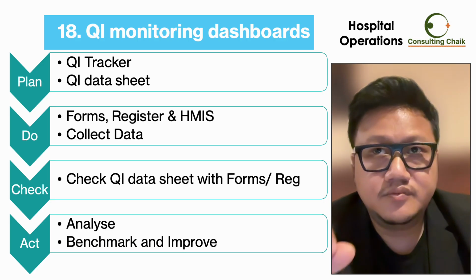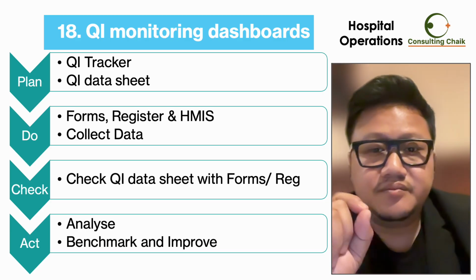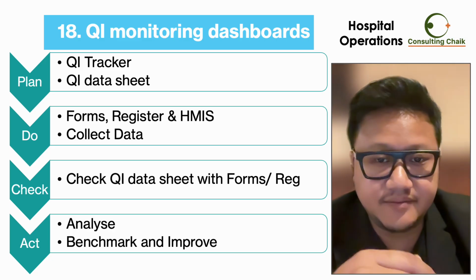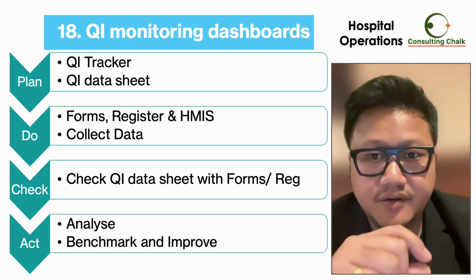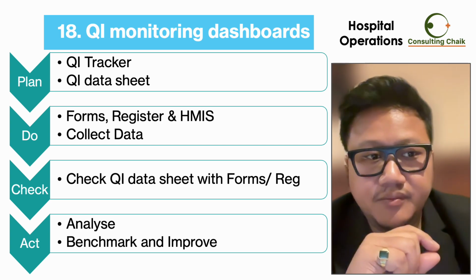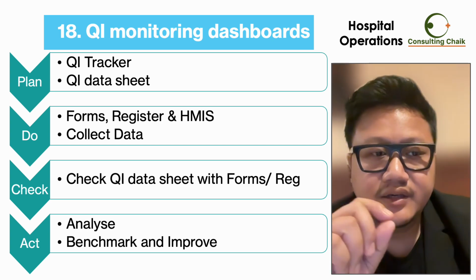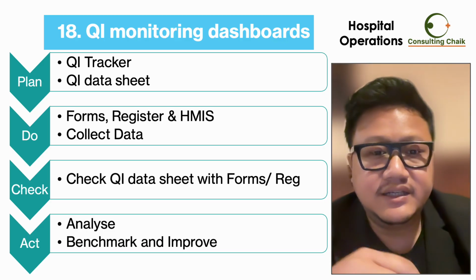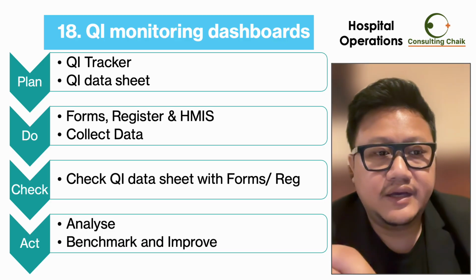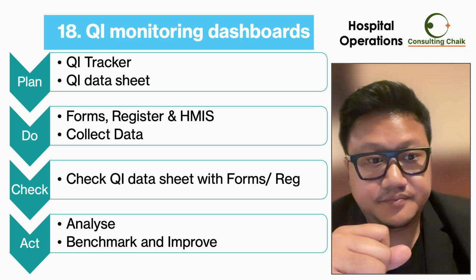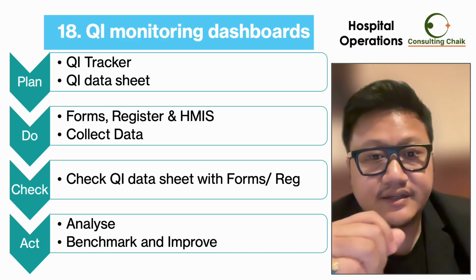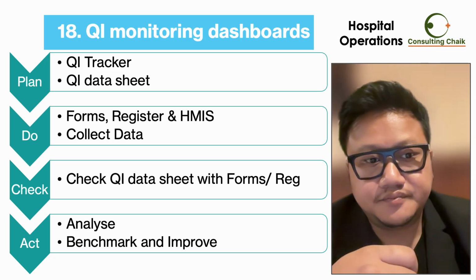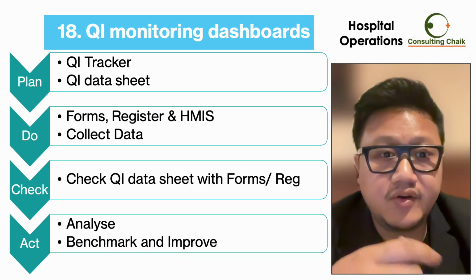For this, you're using the PDCA cycle: plan, do, check, act. In plan, you're doing QI tracking, you're making QI data sheets. In do, you are using the forms, registers, the HMIS, and you collect the data. Then check: the quality team needs to verify whether the data is okay or not.